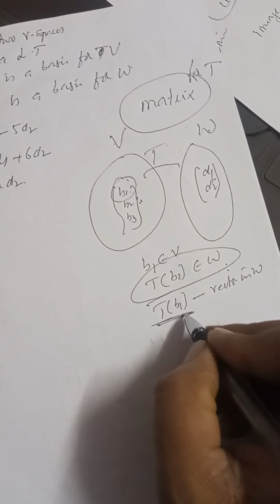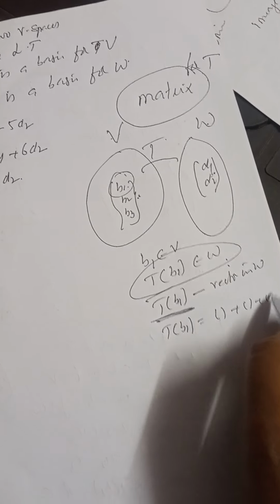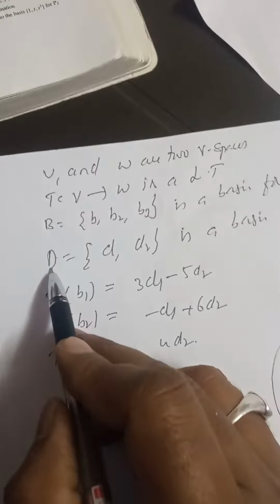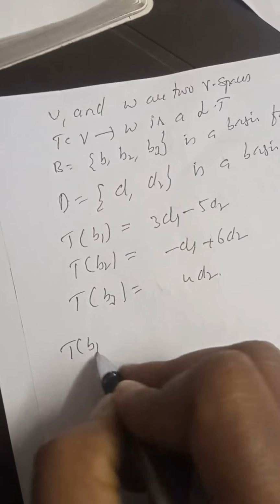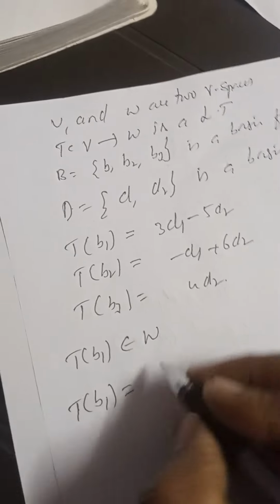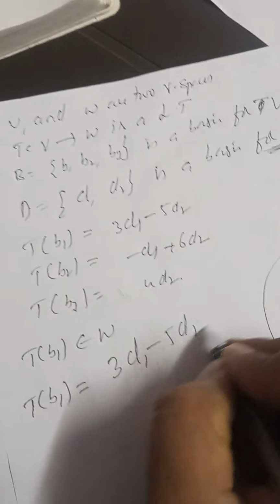Now how is T of B1 expressed? It's a linear combination of elements of the basis D, no? D1 and D2 are a basis for W. Now T of B1 is in W and T of B1 is expressed as 3D1 minus 5D2.